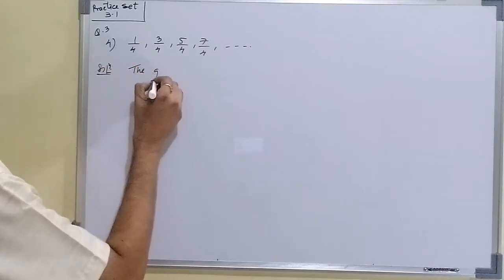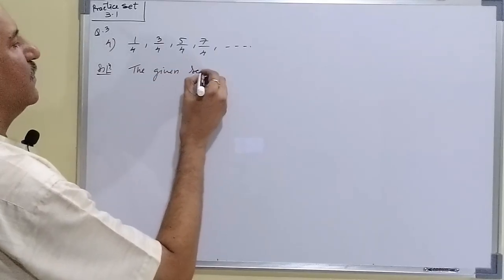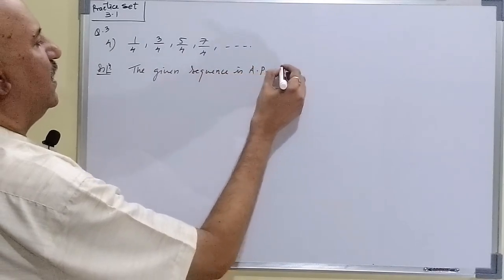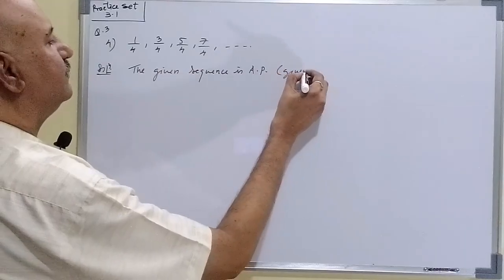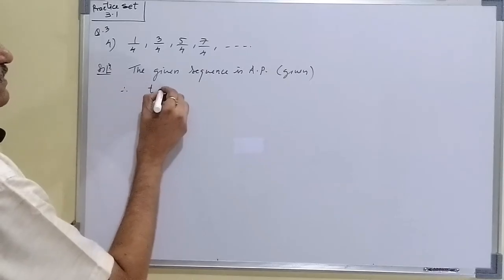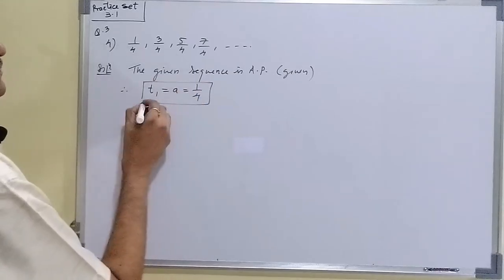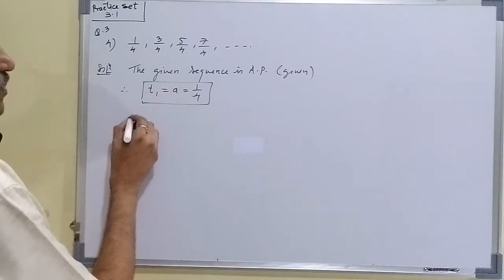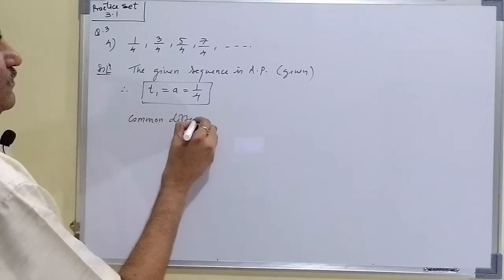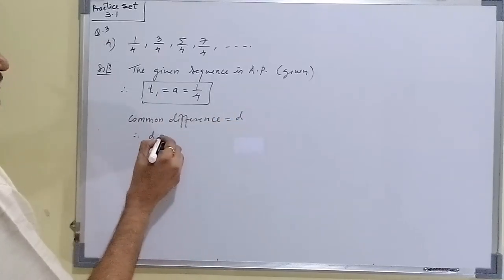The given sequence is AP. ये तो डेटा है, गिवन लिख दो. Therefore T1 क्या होगा? T1 इक्वल टू A इक्वल टू 1/4. फर्स्ट टर्म तो हमें मिल गया. कॉमन डिफरेंस इक्वल टू D. Therefore D क्या है?